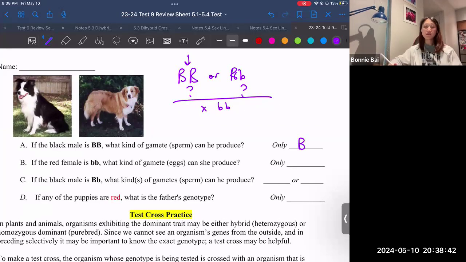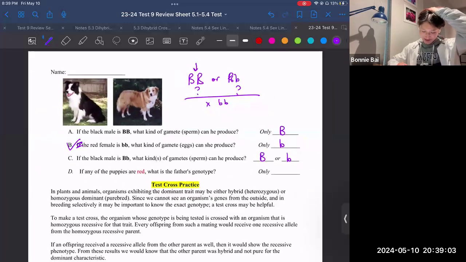If the red female is little b, the gamete she can only produce is little b. Well, we know this, right? This is not like an if situation. If the black male is big B, little b, they can produce big B or little b as a gamete, right? You pass on one or the other.